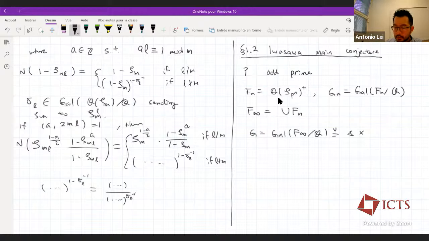and this Galois group will be isomorphic to a finite group of order P minus 1 over 2, and this is cyclic.